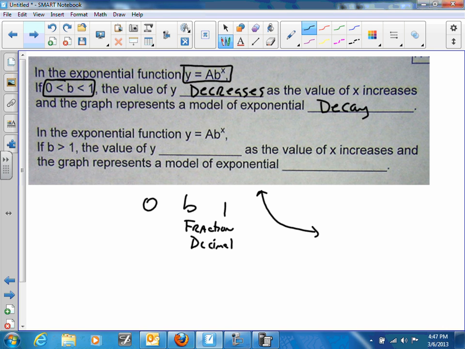On the flip side, if b is greater than 1, any number greater than 1, could be 2, 2.5, 3, the y value increases as the value of x increases, and therefore that represents exponential growth.